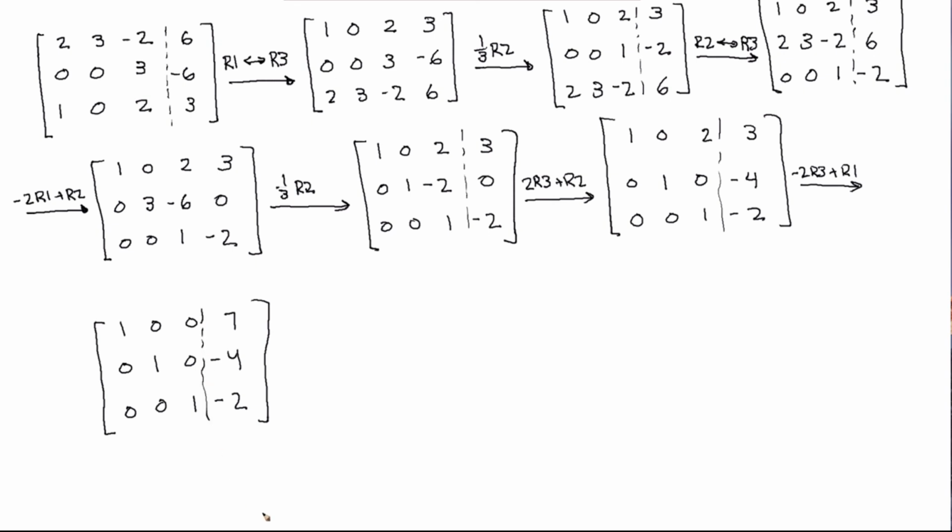All right. So what's left on the right-hand side there is the solution. So my solution vector is x is equal to 7, minus 4, minus 2. So in other words, x1 is equal to 7, x2 is equal to minus 4, x3 is equal to minus 2.